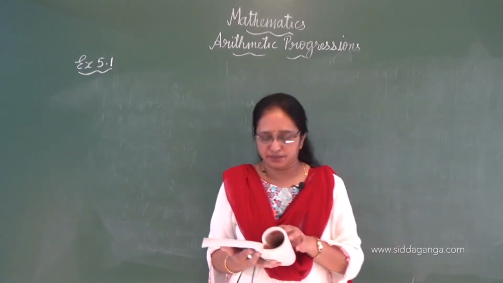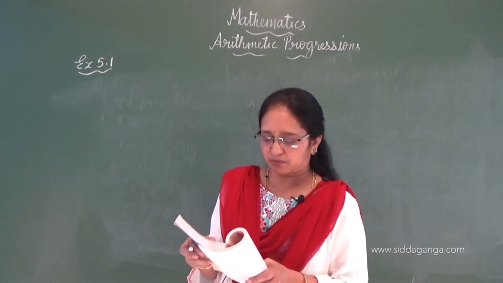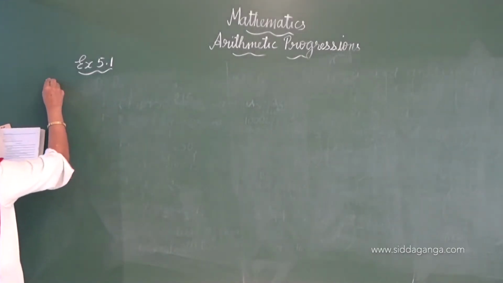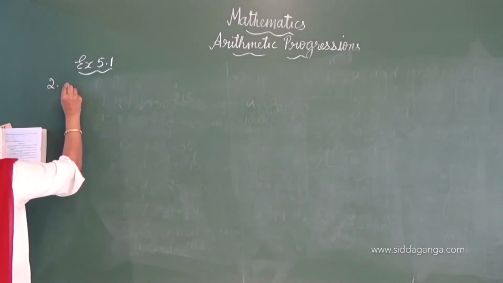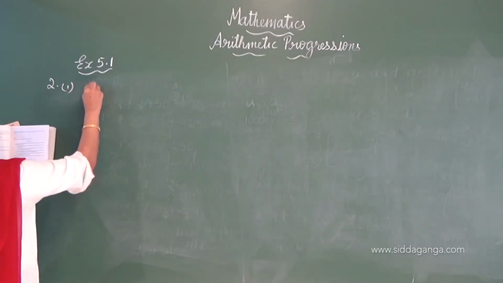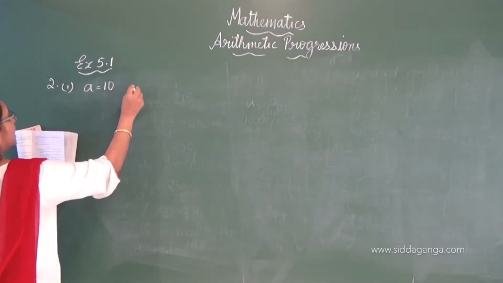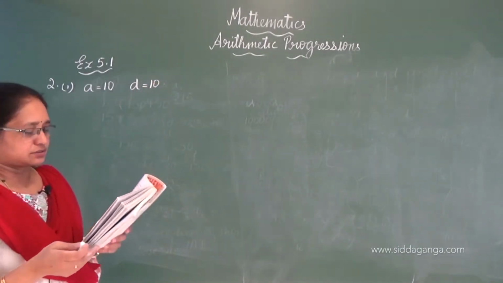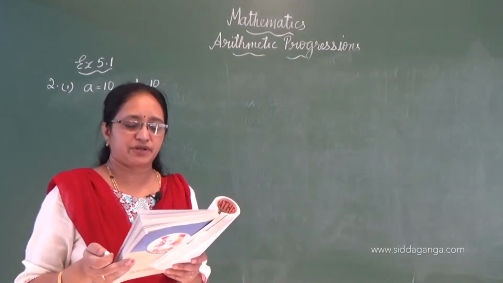See, yesterday we did one example problem. So like that you can do it directly. So second main, first one. This is an easy sum. A is equal to 10 and D is also 10. Now A is 10. So first 4 terms of an AP.